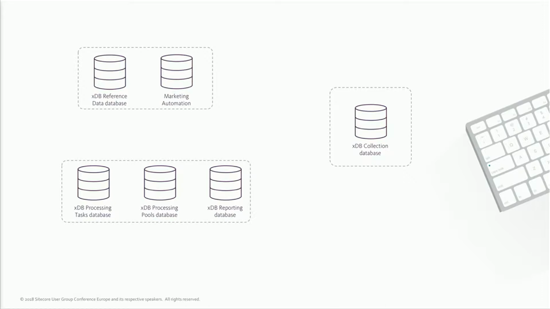Collection does a lot of writing. It needs to be able to scale separately from everything else, and you don't want it interfering with the rest of your architecture. The other piece we do here is taking all the reporting and analytics stuff and putting that over on a separate server. This isolation keeps all of that processing action, all the reporting action, from interfering with other pieces.